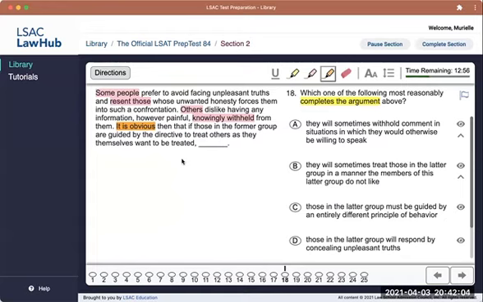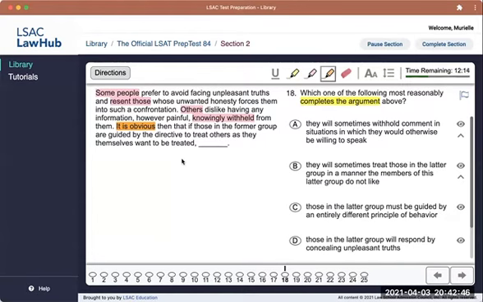Because the avoidance group person is going to lie and want to be lied to, and the truth at any cost person is going to both tell the truth and be resented by the first group, and they're also going to dislike that the person in the first group is lying to them. So there's going to be some conflict, and this treat others as they themselves want to be treated directive is, in a perfect world, I guess, supposed to make sure that everybody gets along really well, right?